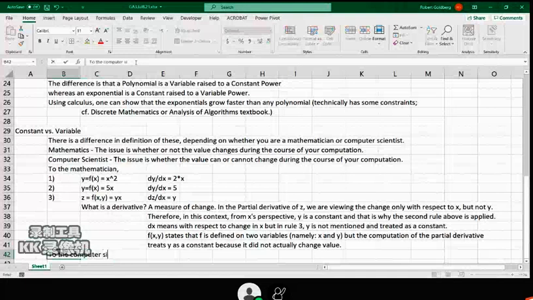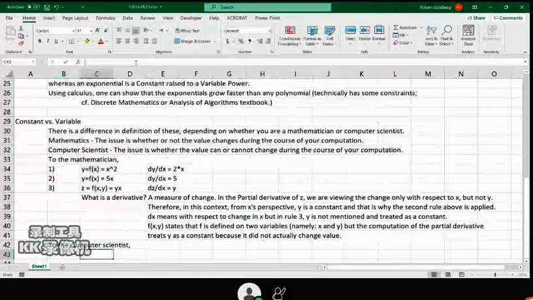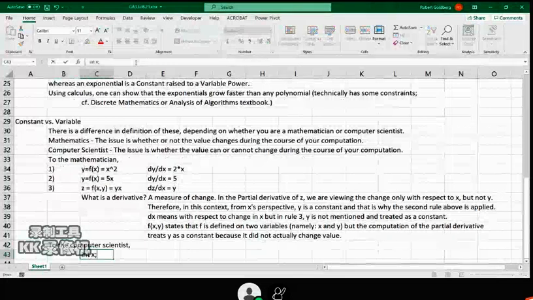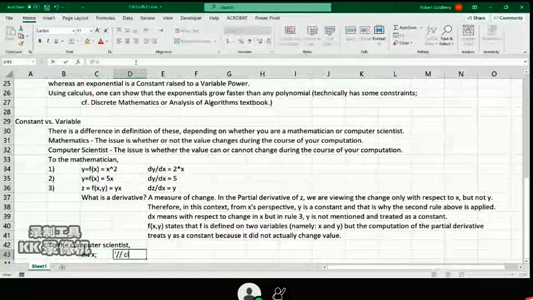To the computer scientist, if you say int x, okay, int x, let's leave it like that, that is clearly declared as a variable.